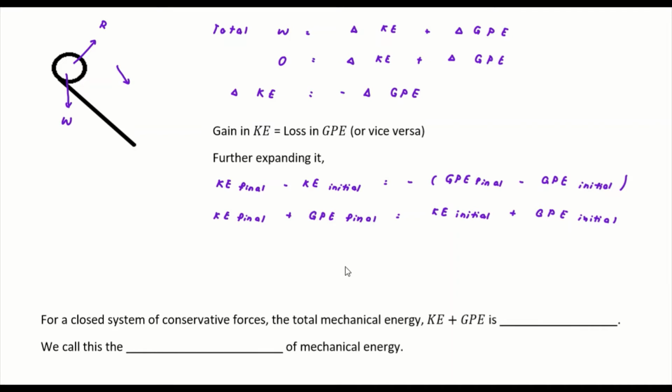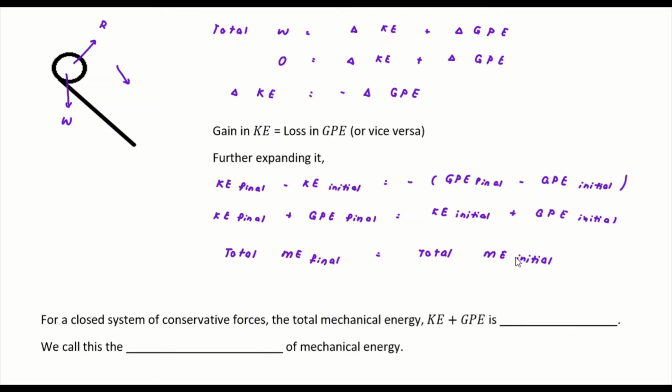So in other words, the total mechanical energy didn't change from the beginning until the end. So you see the total mechanical energy in the final stage is going to be equal to the total mechanical energy in the initial stage. So this idea is actually called the conservation of mechanical energy.